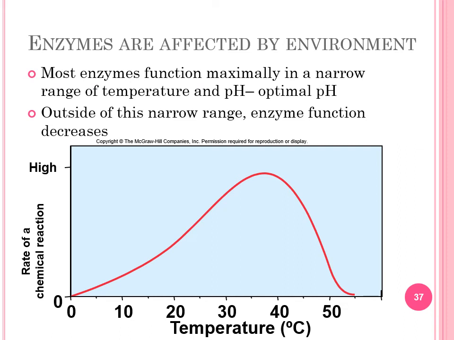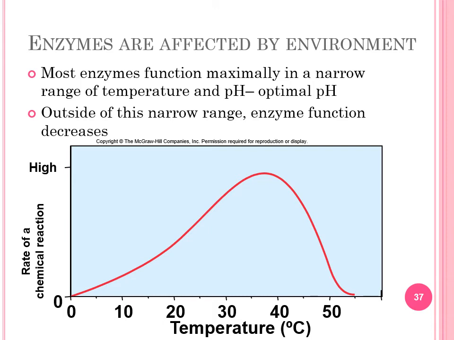And you can see on the y-axis we have the rate of chemical reactions, and you can see you go from 0 to this arbitrary high. And so at the top of the red graph here, we can see this is where the enzyme is optimal. And so the temperature slightly above and slightly below is where the enzyme is not going to function very well, but you can see there's a range in which the enzyme works best.